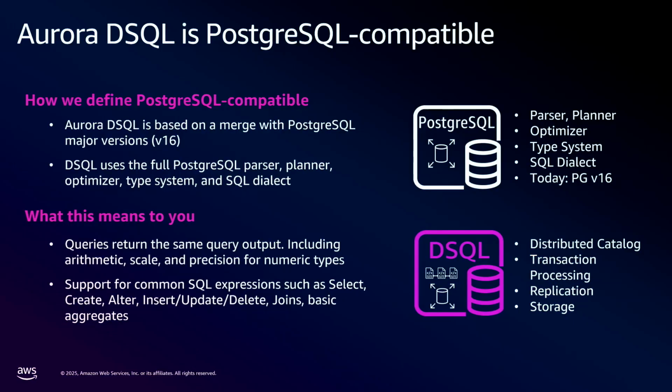For developers, it means that if you are running a query with your PostgreSQL database, and then you run the query against Aurora DSQL, you will get a similar output. All the SQL features are supported here in DSQL as well, such as select operations, joining, indexing. All those things are available here as well.